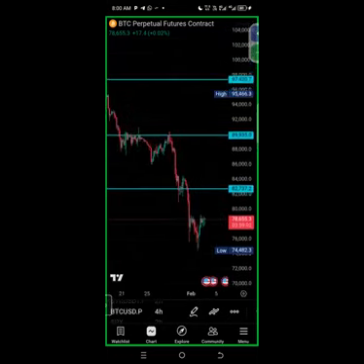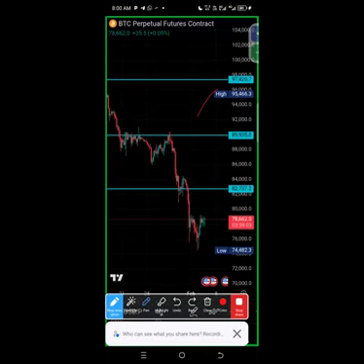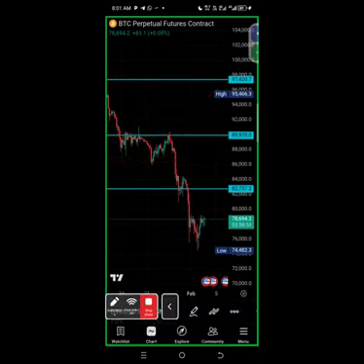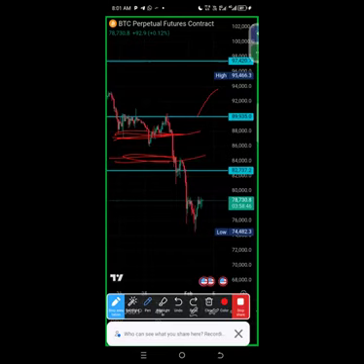Okay, so let me use this. You realize that after forming the swing highs, the equal highs and the equal lows here, the next thing that changed was the formation. This is how the formation started to change.